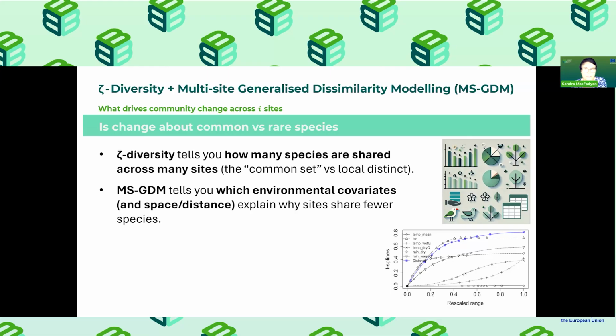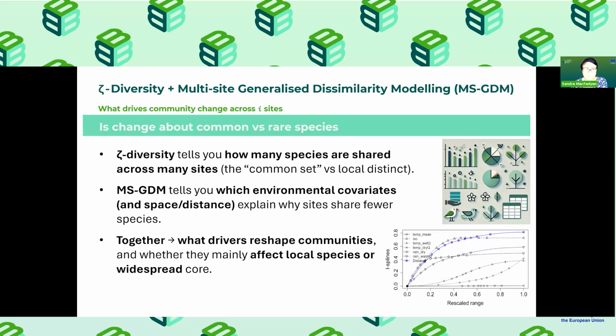But coupling it with a modeling function called multi-site generalized dissimilarity modeling, your MSGDM, tells us which environmental covariates and space and distance explain why these sites share fewer species. So together we can work out what drives this reshaping of communities and whether they are mainly affecting local species or widespread core species. So we're going to do this together.